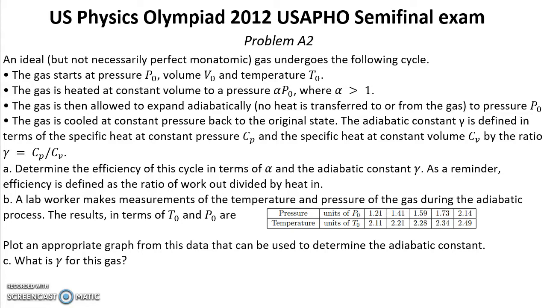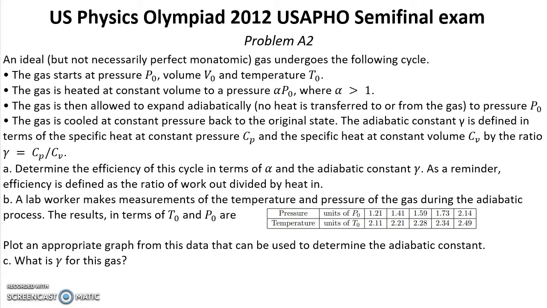The gas is heated at constant volume to a pressure alpha P0, where alpha is greater than 1. The gas is then allowed to expand adiabatically, with no heat transferred to or from the gas, to pressure P0. The gas is cooled at constant pressure back to the original state.